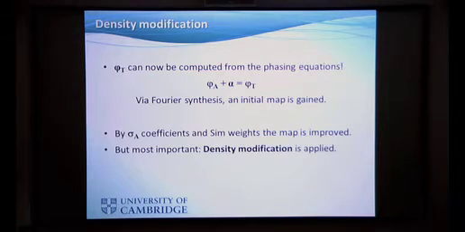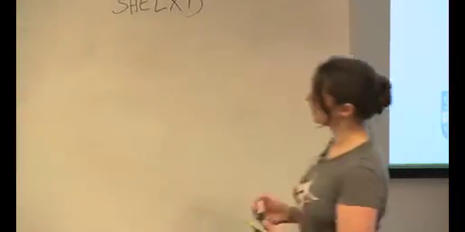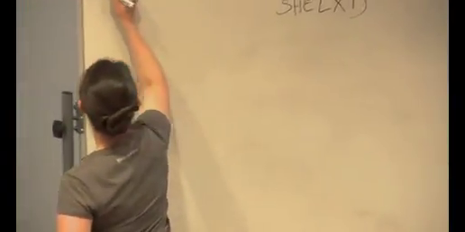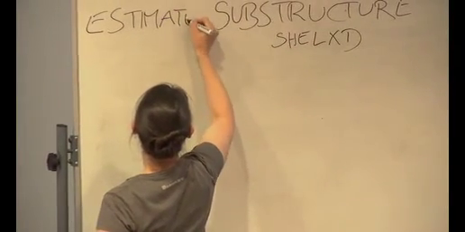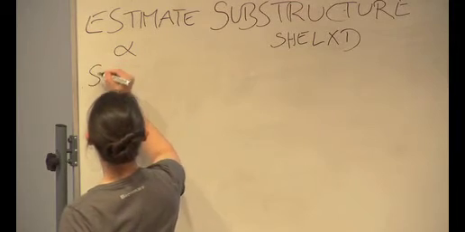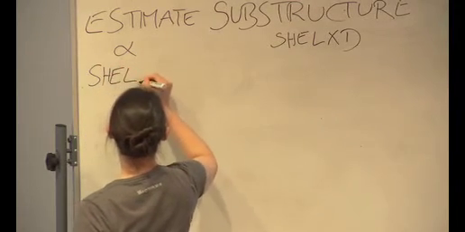Phi T can now be calculated because we have estimates for alpha and we have found the substructure. So I can rotate and translate and say we have estimated alpha. SHELXC does usually do that for us.